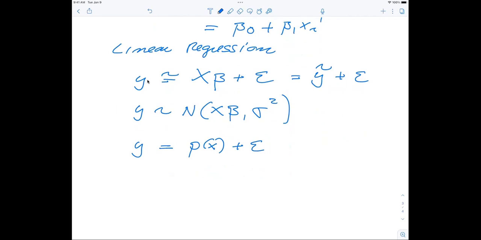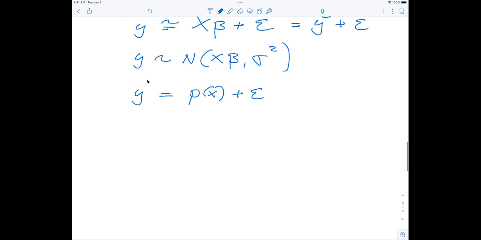So we could ask, what kind of distribution is this noise following, and what kind of distribution is y following, based on these assumptions? Let's try to find out which distribution y follows.